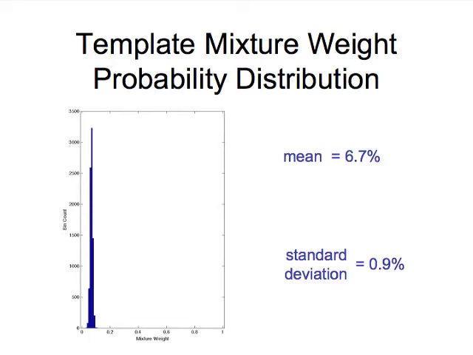Shown at left, taken from the TrueAllele viewer interface, is what the mixture weight probability distribution expressed as a histogram looks like for the Foley case. We see a nicely centered normal distribution with a mean of 6.7% and a very tight standard deviation of 0.9%.